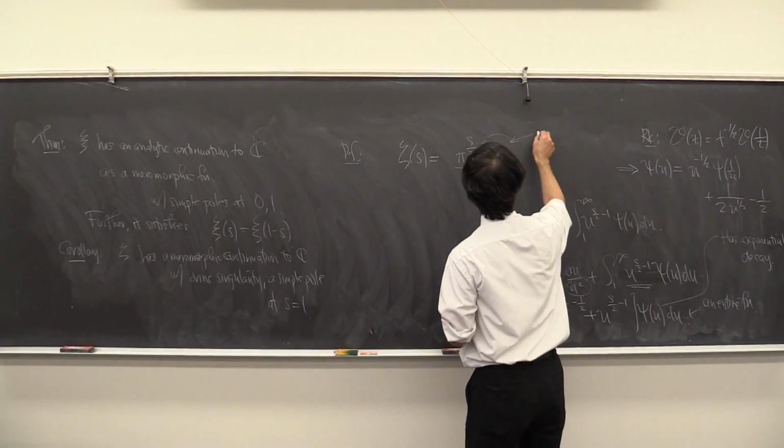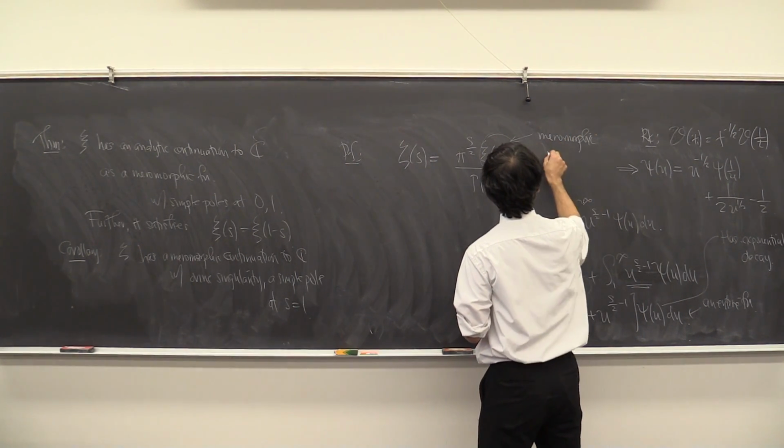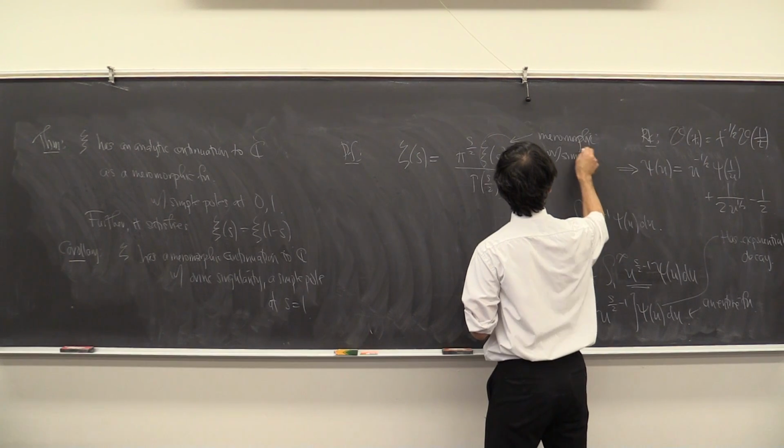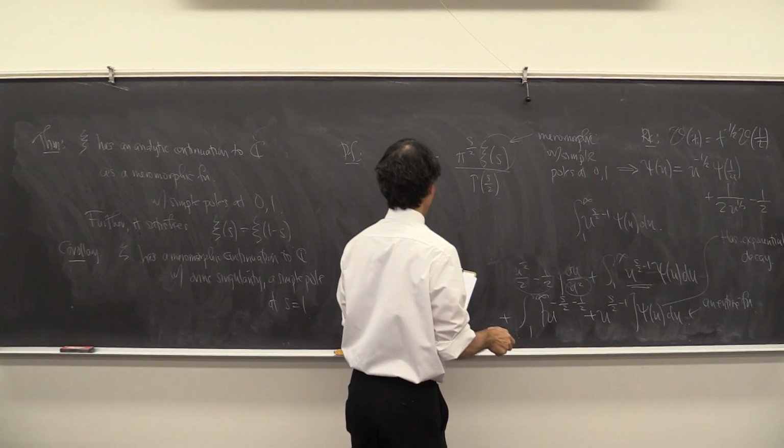This guy was meromorphic with simple poles at 0 and 1.